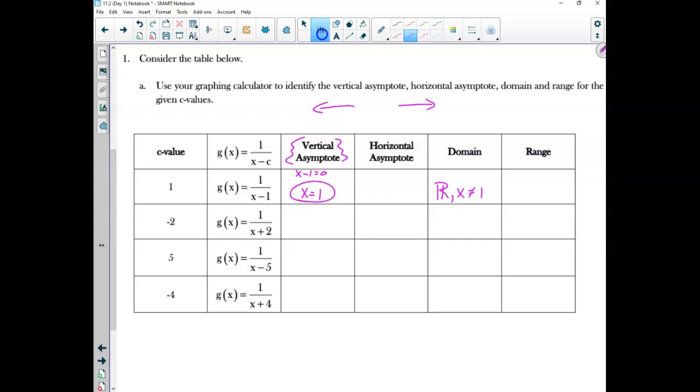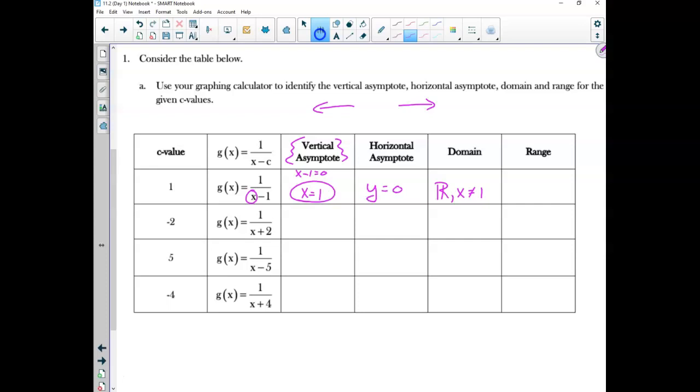And all I'm going to do is picture in my head as if I put in a very large positive number for x, I'm going to be taking 1 divided by a large but positive number. And if I take 1 divided by a large number, that gives me a very small number. The bigger the denominator gets, the smaller that fraction gets, which means it's approaching what? Well, as it's getting smaller and smaller, it's approaching 0. So my horizontal asymptote would be y equals 0.